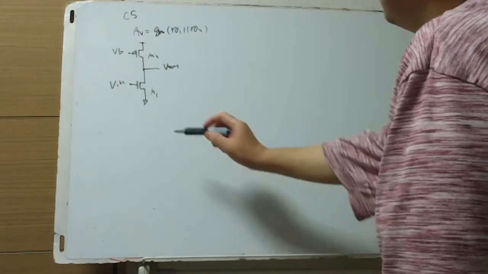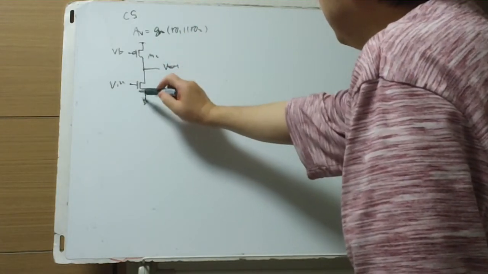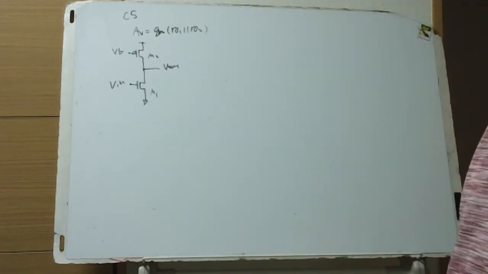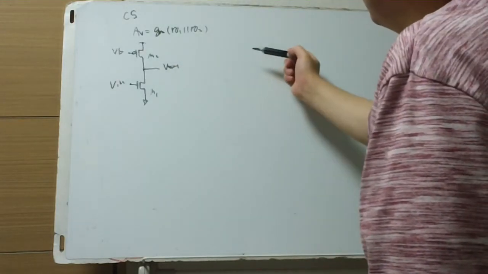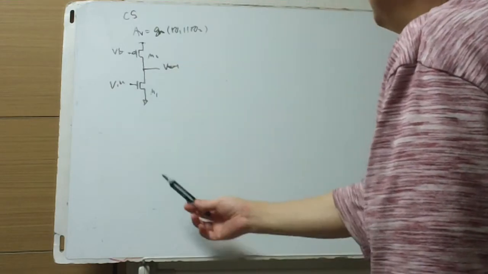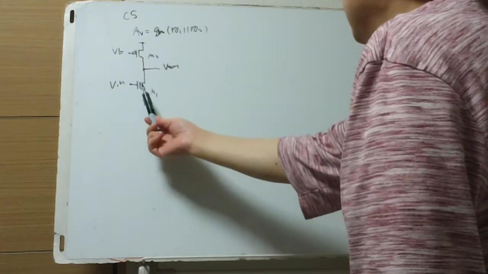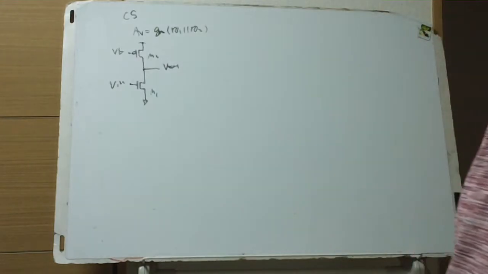And gm is gm1. This is the resistance looking into the drain, divided by the resistance looking into the source, 1 over gm.